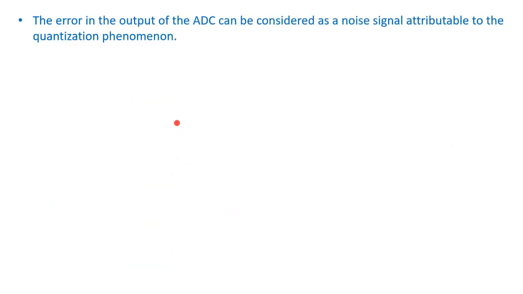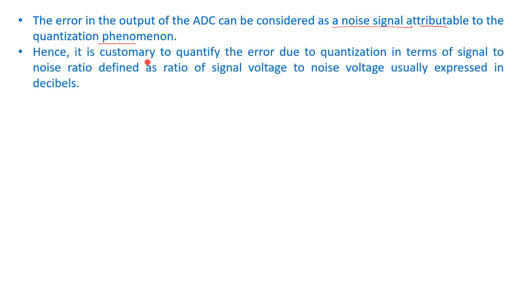So the error in the output of the ADC can be considered as a noise signal, attributable to the quantization phenomena. Hence it is customary to quantify the error due to quantization in terms of the signal to noise ratio.